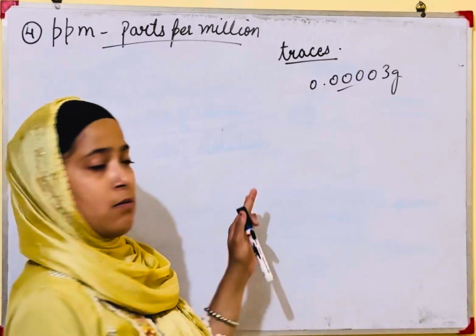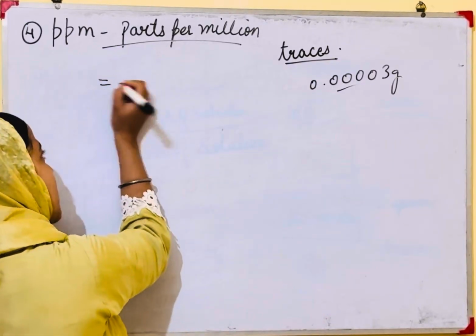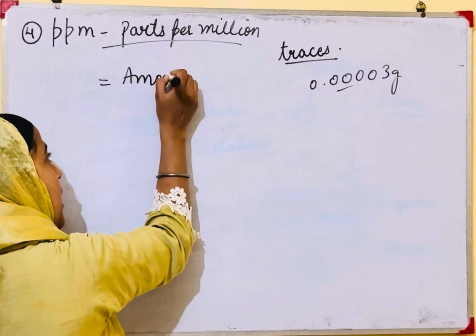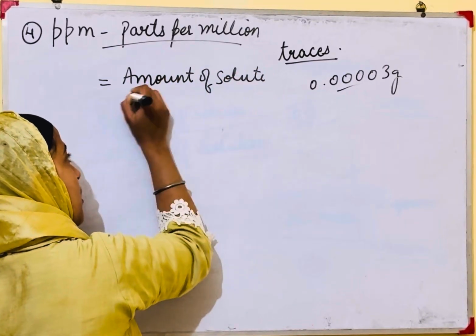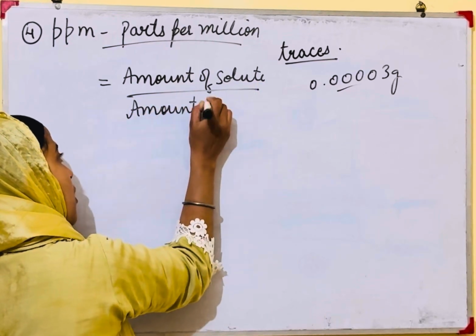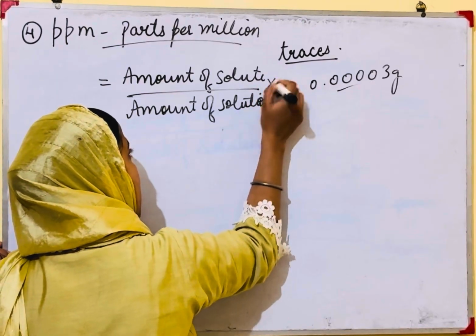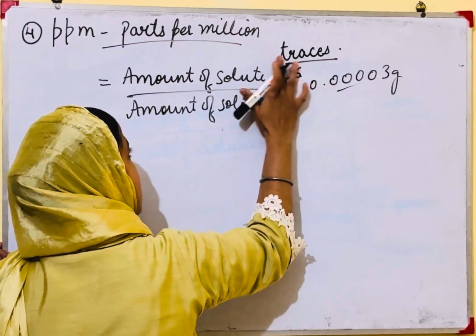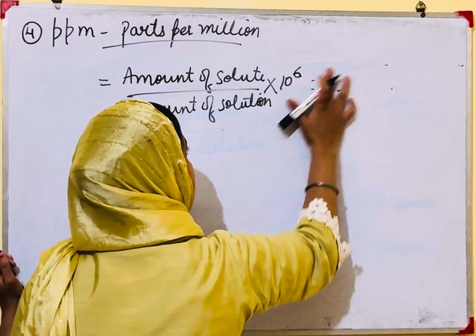Like this. Then we use ppm. The formula for this is amount of solute divided by amount of solution multiply 10 raised to the power 6. Here we use instead of 100, 10 raised to the power 6.